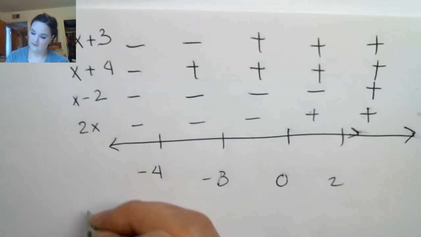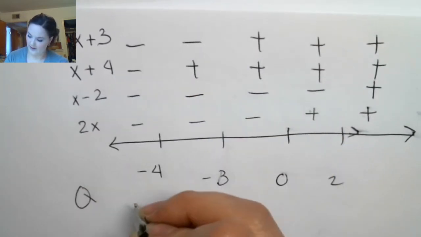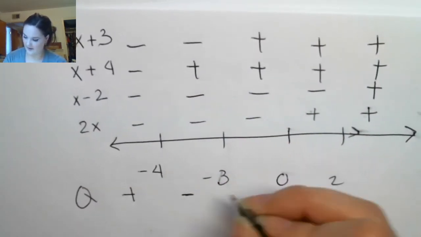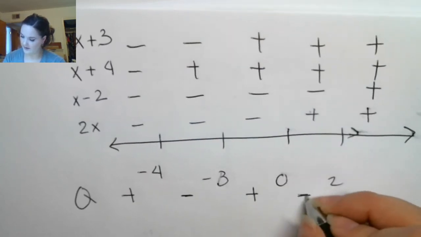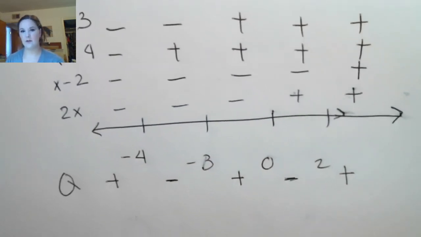Now for my quotient, I have 4 negatives, which is a positive, 3 is a negative, 2 is positive, 1 is negative. So I have plus, minus, plus, minus, plus.